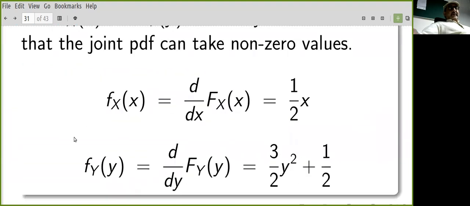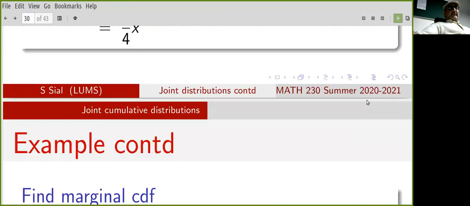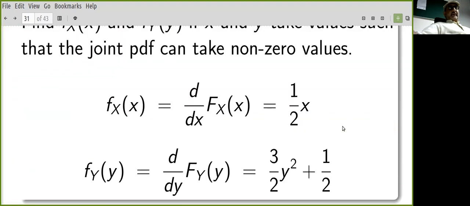Now, if you want the PDFs from the CDFs, you take the derivatives of the CDF. If you take the derivative of capital F_X, it gives me small f_X. If I take the derivative of this 1/4 x squared, I get 1/2 x.